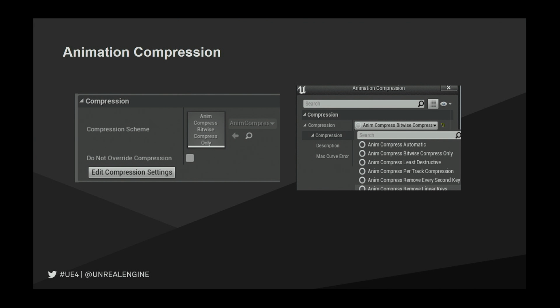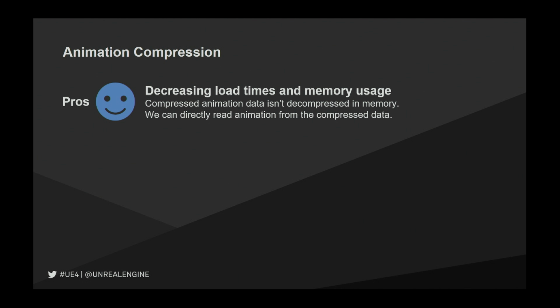It's important to notice that the compressed animation data is used directly. It's not decompressed in memory. So not only are you loading less data, you're also using less memory. But obviously, if you compress too much, it can be noticeable. So we need to choose the compression method that has the best trade-off of quality and size of the resulting compressed data.